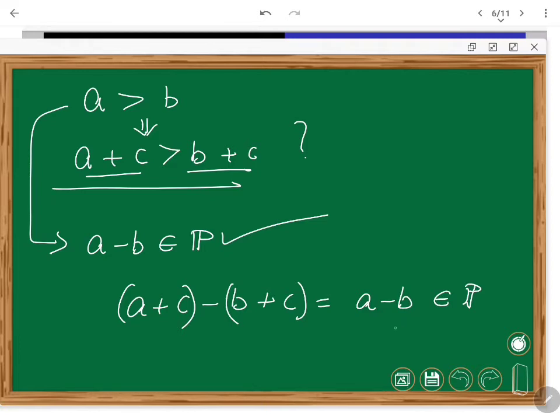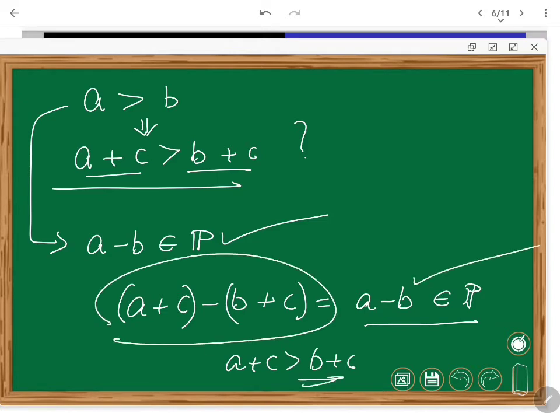C goes off, which says that A minus B is a positive element. And we are going to get A plus C is greater than B plus C. Since this is a positive member, which is known to us, this says that A plus C is greater than B plus C. So addition is well maintained with our order relation.